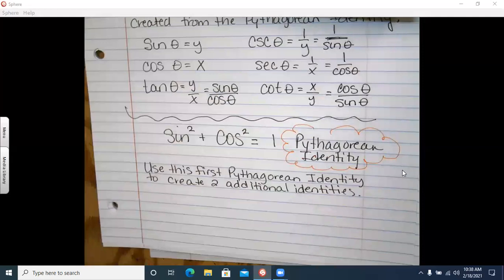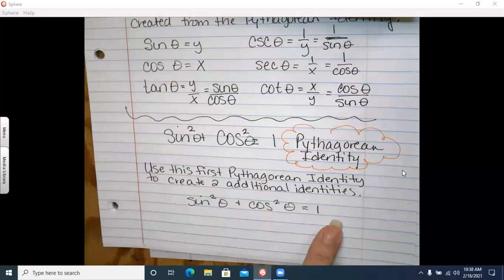So let me start by rewriting that first Pythagorean identity. Sine squared, oh, I forgot my theta. Sine squared of theta plus cosine squared of theta equals 1. So what I'm going to do is divide each term by cosine squared of theta. I'm not subtracting it. If I subtract it, it's the same identity, just written in a different way, okay? So what I'm going to do is divide each term by cosine squared of theta.